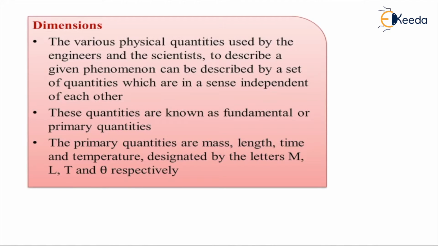What is a dimension? The various physical quantities used by engineers and scientists to describe a given phenomenon can be described by a set of quantities which are in a sense independent of each other. Which are these quantities? These quantities are known as fundamental or primary quantities. The primary quantities are mass, length, time, and temperature.